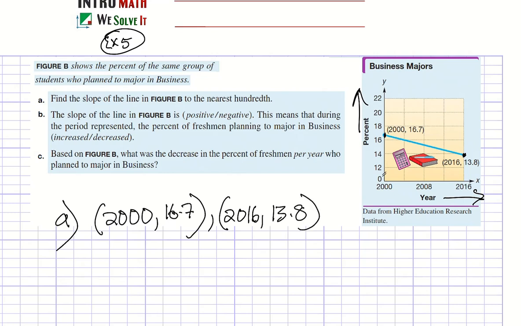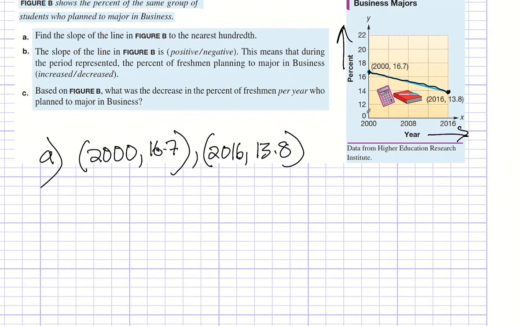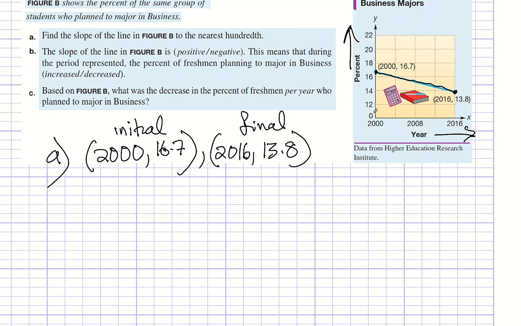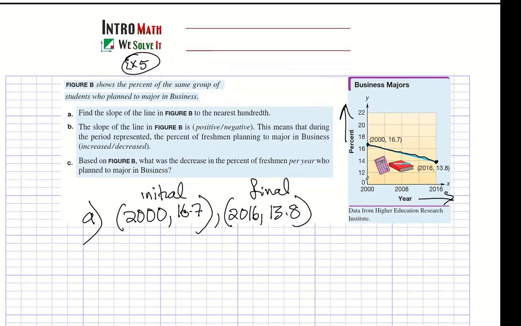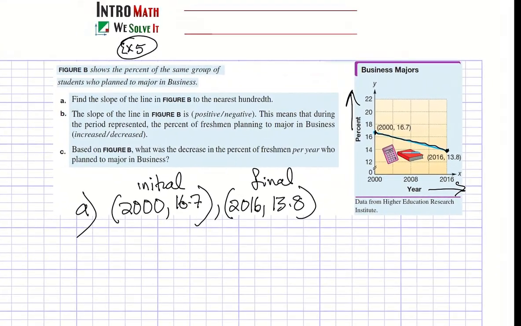If you look at the graph carefully, it starts here and goes down that way. I like to say this one is initial, it helps me not to make mistakes. This one is final because it is a change. Something changed from something to something else. That's how you conceptualize it.